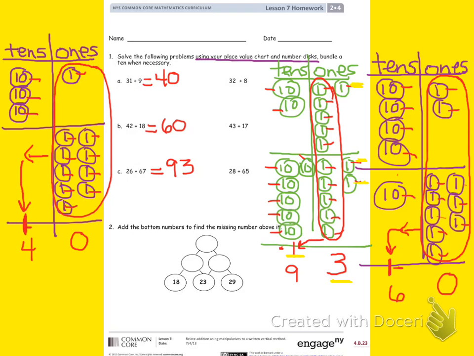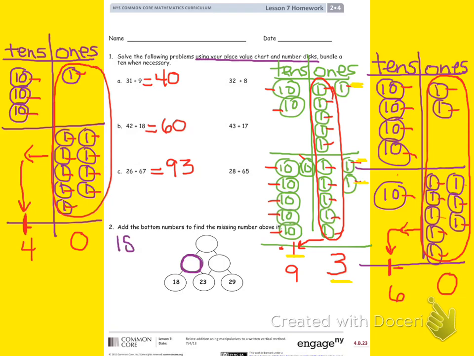Problem 2. Add the bottom numbers to find the missing number above it. In order to solve this problem, you need to start at the bottom. So the answer that goes here is the answer of 18 plus 23.